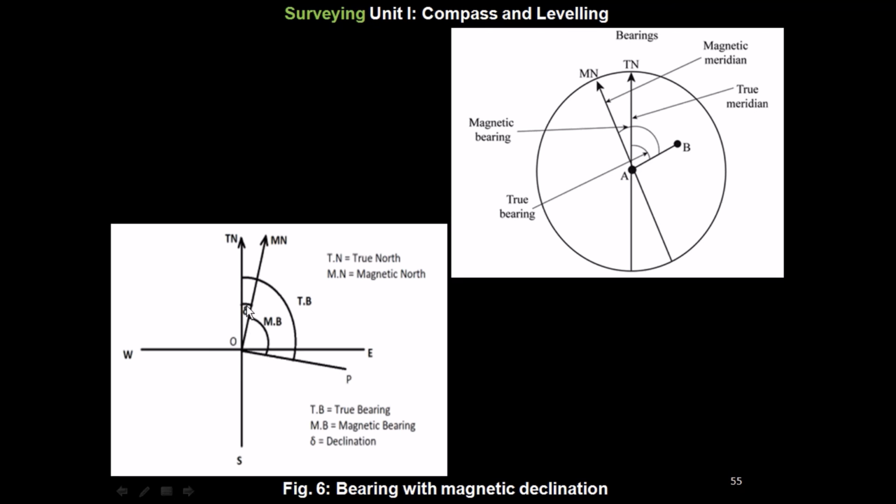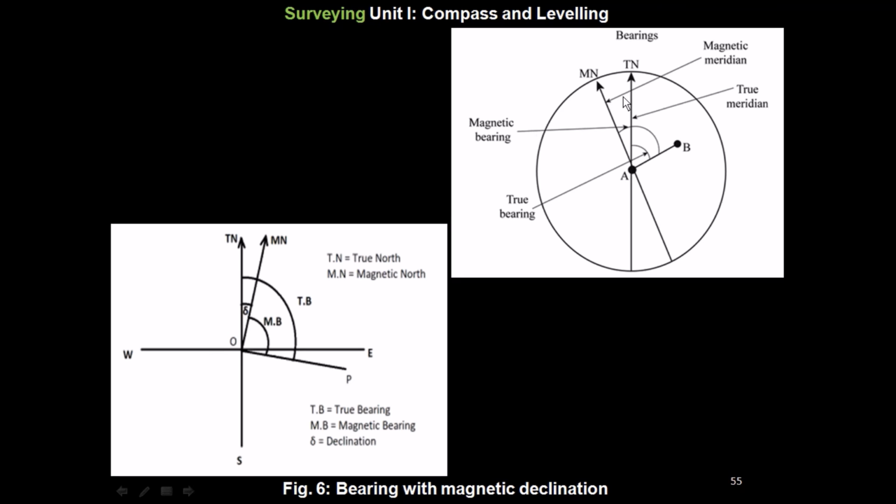This is the magnetic declination towards east, and this is the magnetic bearing which is taken, and from true north it is the true bearing. Here TN is the true north, MN is the magnetic north. Here TB is the true bearing, MB is the magnetic bearing, and delta, that is the magnetic declination, this is positive magnetic declination.